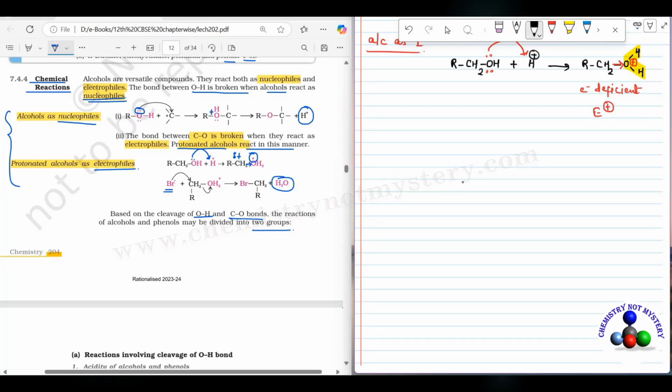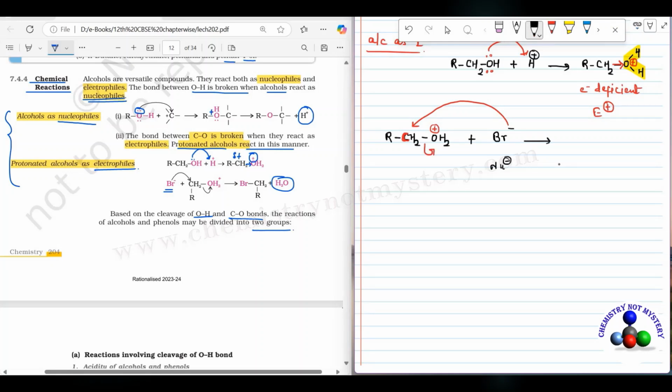So this electron deficient alcohol, this is RCH2OH2, where this oxygen is positively charged. When it reacts with a nucleophile, I can take the example of Br negative ion, which is a nucleophile. As this carbon is electron deficient, this bromine will attack this carbon and expel the H2O positive ion in the form of H2O.